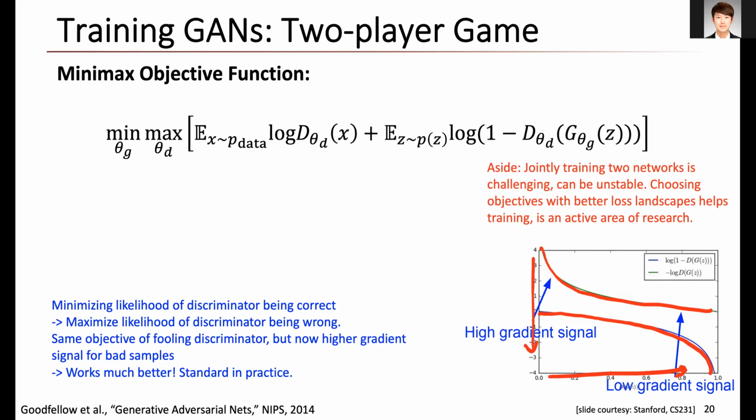But in early training time, when the sample is likely fake, the minus log x loss function makes a large gradient, right? Because it has a larger gradient slope, the tangent slope.